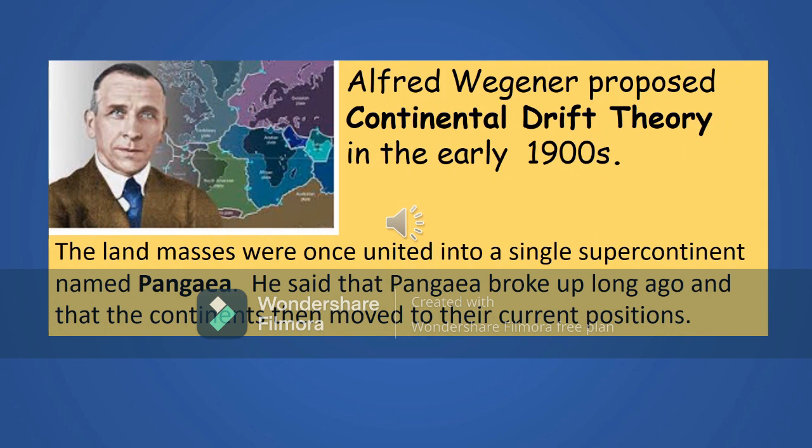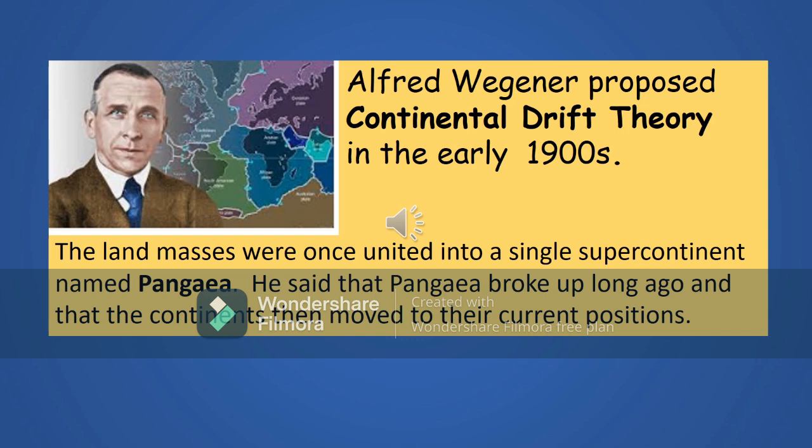A German scientist named Alfred Wegener proposed the continental drift theory in the early 1900s. The land masses were once united into a single supercontinent named Pangaea.